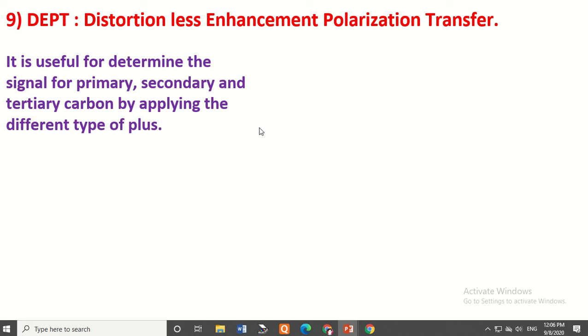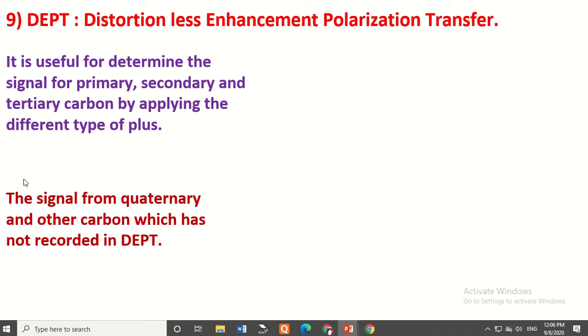We know how to apply the pulse; we have already covered it in some previous video. Now, the signal from quaternary carbon, or other carbon which is not directly attached to any hydrogen, cannot be recorded in DEPT.